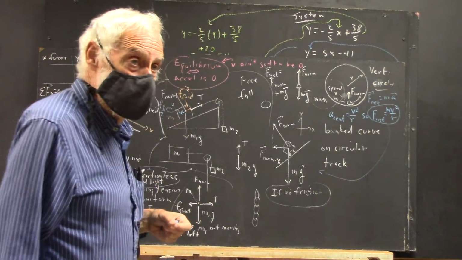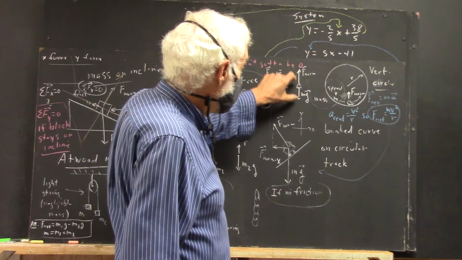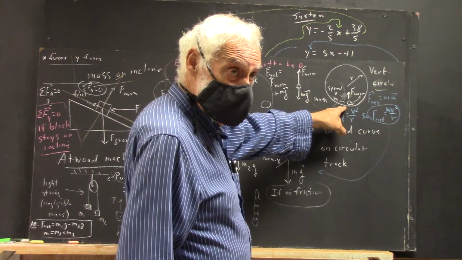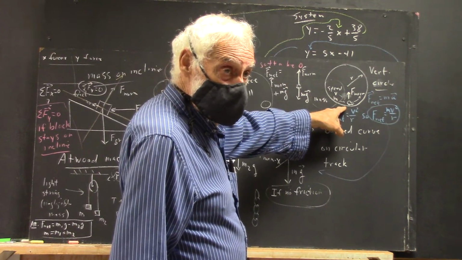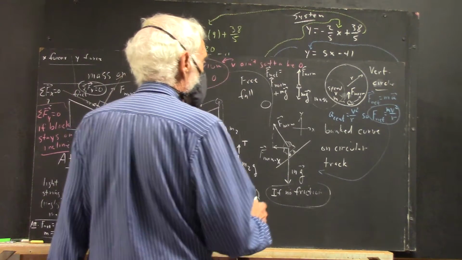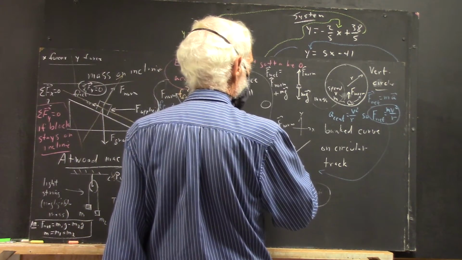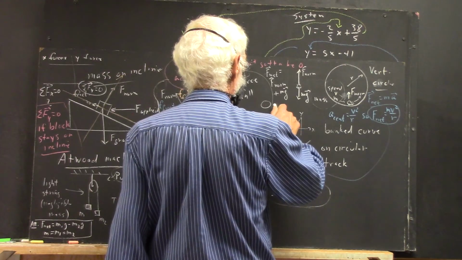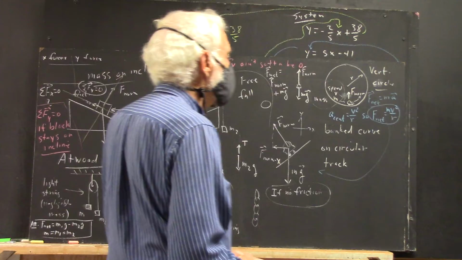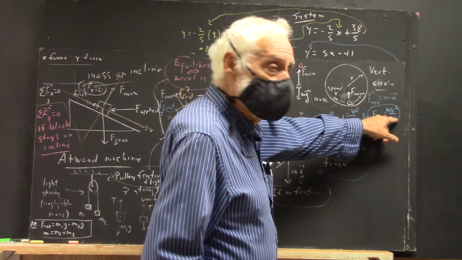So you add these as vectors, so this is longer than this one, and they're both vertical if this thing's right at the bottom of the circle. Again, F net is mv squared over r.